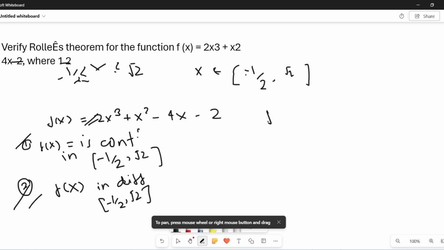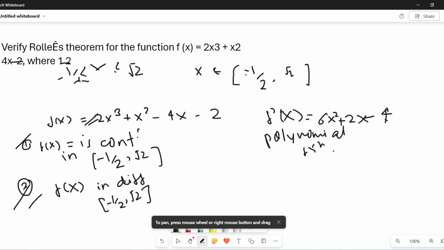When you differentiate, f'(x) becomes 6x square plus 2x minus 4. This also gives a polynomial function and there is no problem in minus 1 by 2 to root 2. So the second condition is also satisfied.